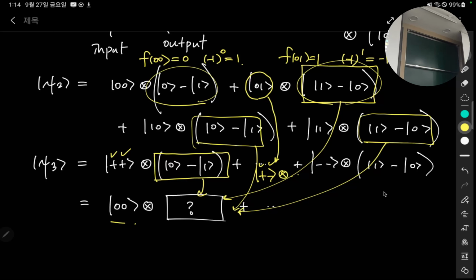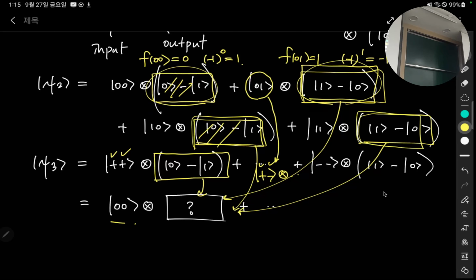If you have a function which is balanced, then you will see an equal number of plus signs and an equal number of minus signs. You will see the same number of these as of those, as you can see right here in this specific example.